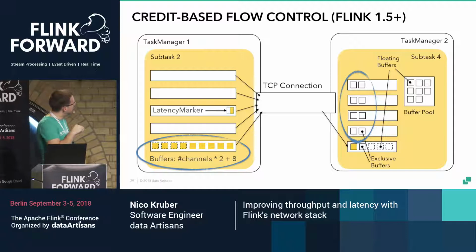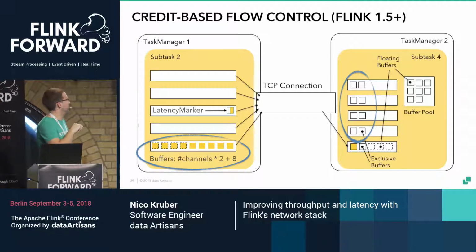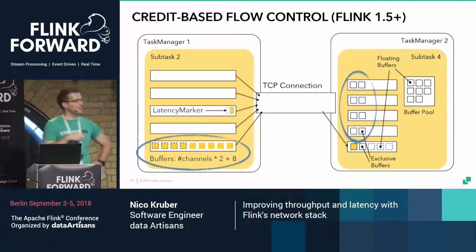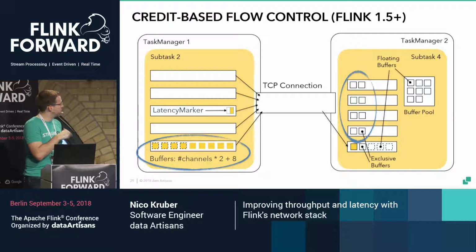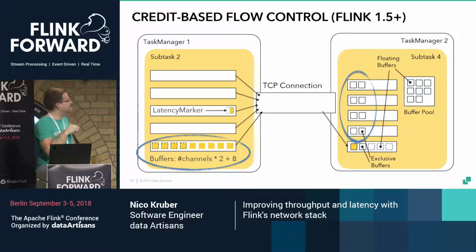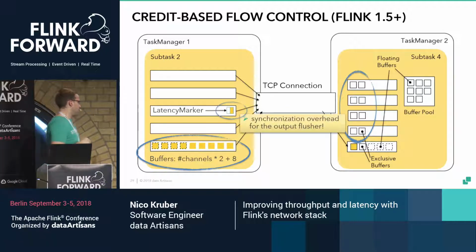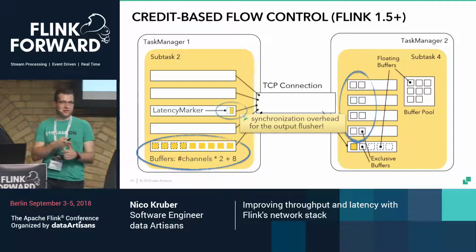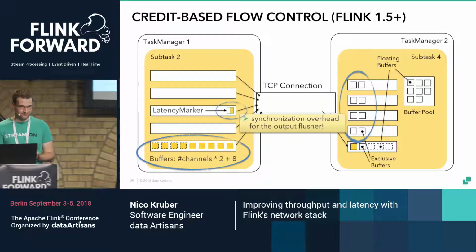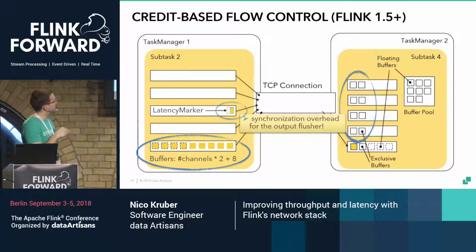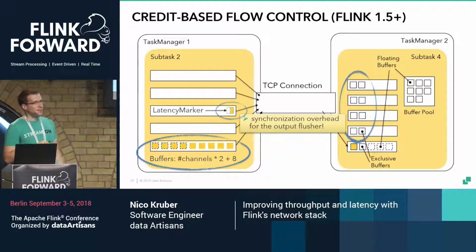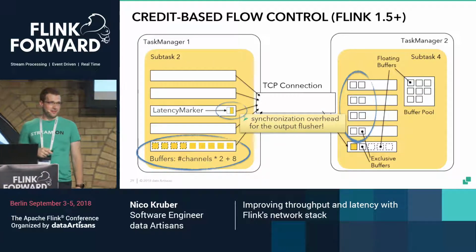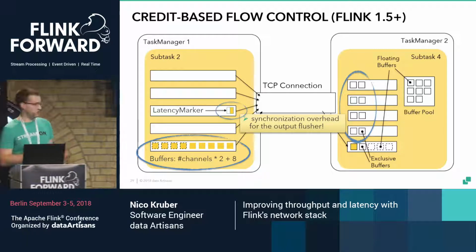So we reduce the number of extra buffers that are put on here, not to the same amount that we would have for one output channel, but we would reduce it. But actually, that's an additional problem, because the output buffer needs to synchronize between the flush and the record writer. So we can optimize the part where we have an empty channel, but not the part where there's something in the channel. So that's an additional overhead.